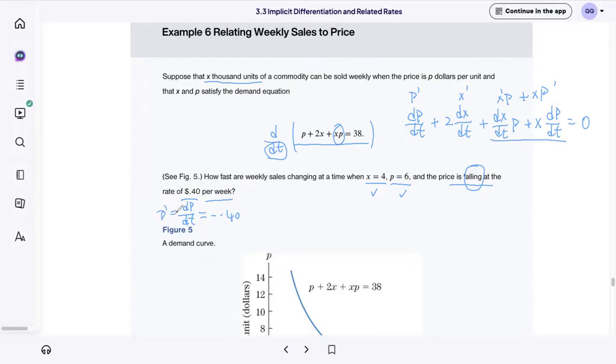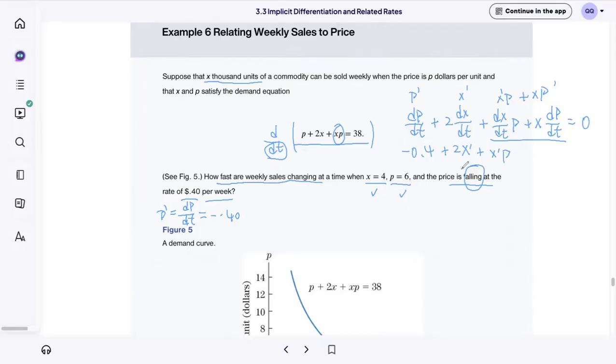p prime is given, dp/dt is negative 0.4, then plus 2 times dx/dt, because we are trying to find how fast the weekly sales are changing, the quantity changing. We're trying to find x prime. So 2x prime plus dx/dt, well, again, that's x prime times p.